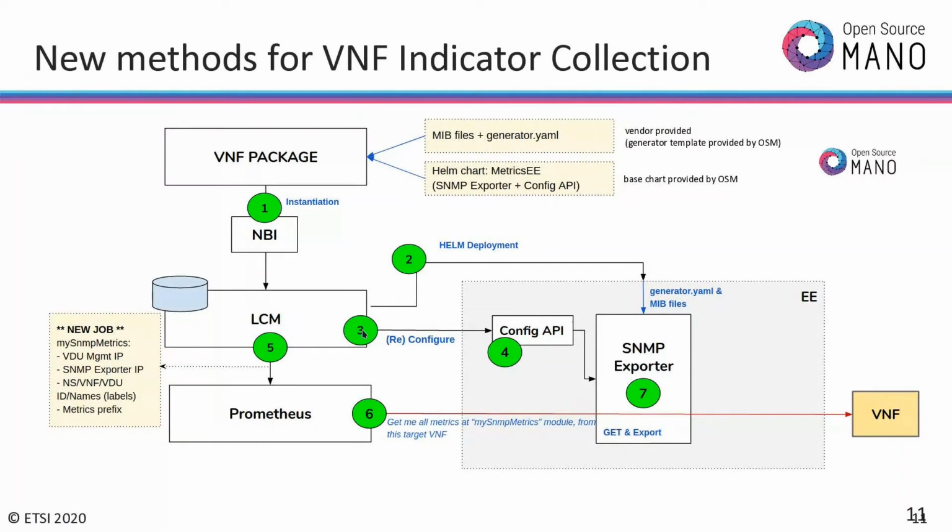And you can configure this using the new API directly to the execution environment. So this is a new architecture that is flexible, and you will see that this can be used not only for metrics, it can be used for artificial intelligence.